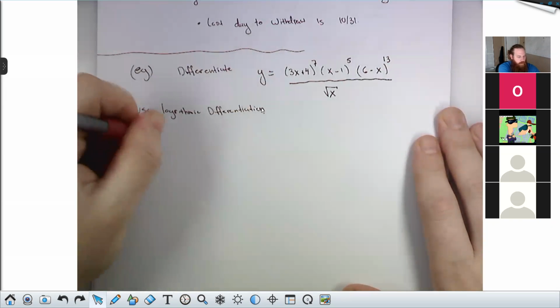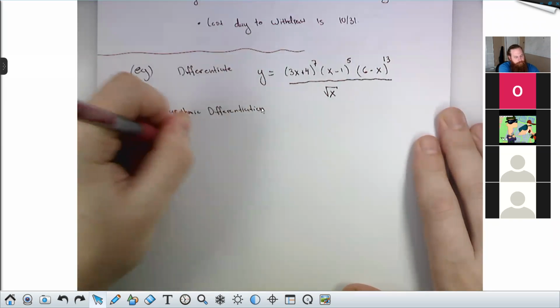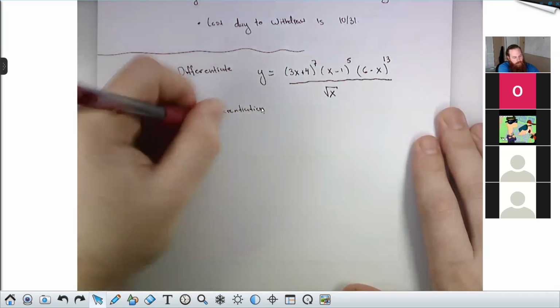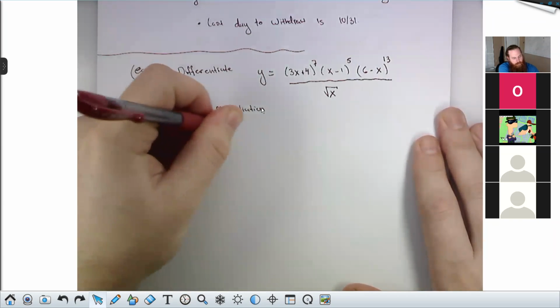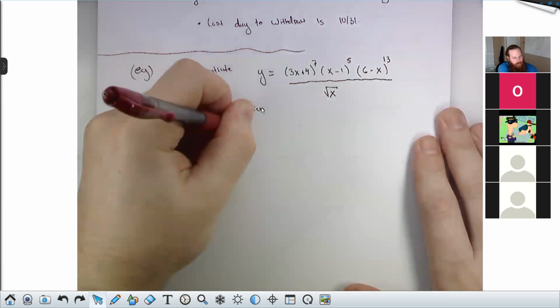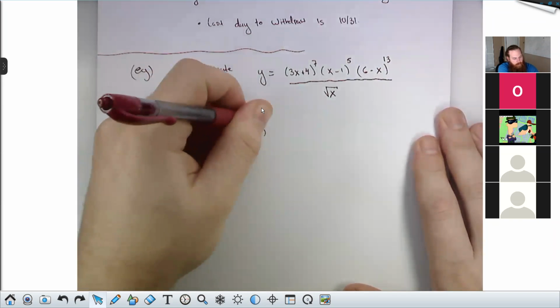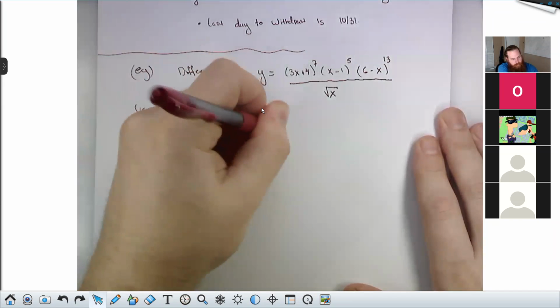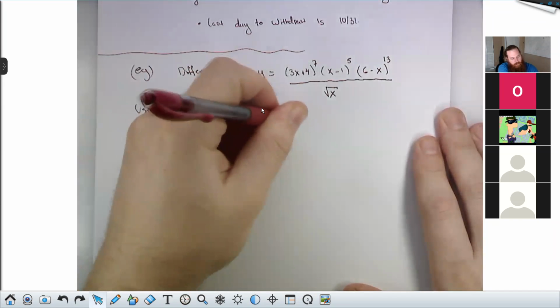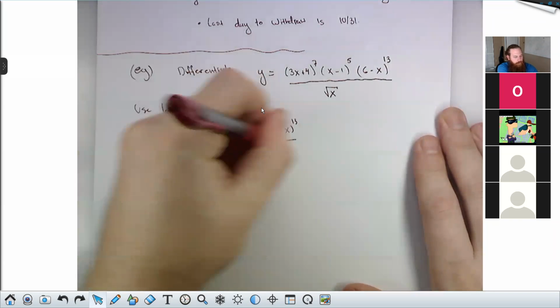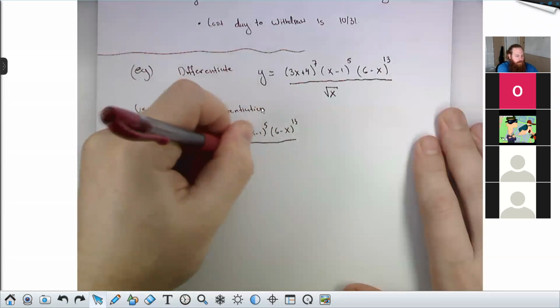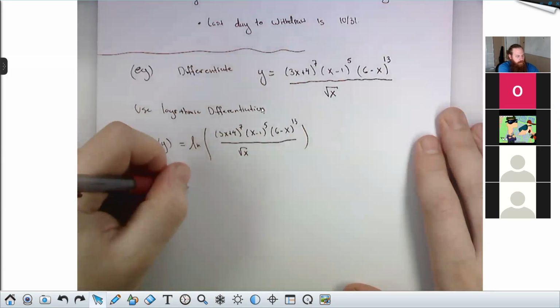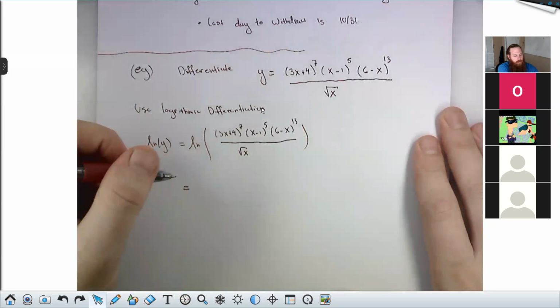So we take the natural log on both sides, and we expand this out as much as we can using rules for logs.